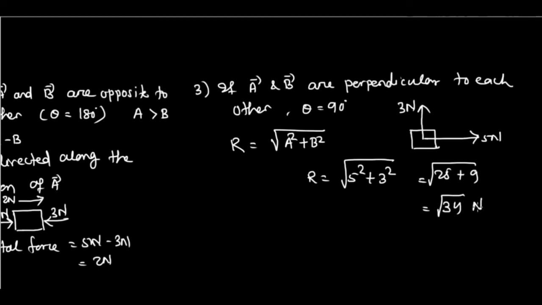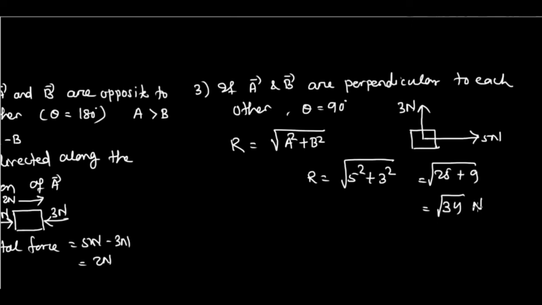So you can see that when we are adding two vectors, we cannot simply add their magnitudes. Sometimes the resultant is equal to the sum of their magnitudes, sometimes the resultant is equal to the difference of the magnitudes, and sometimes the resultant is square root of A square plus B square.